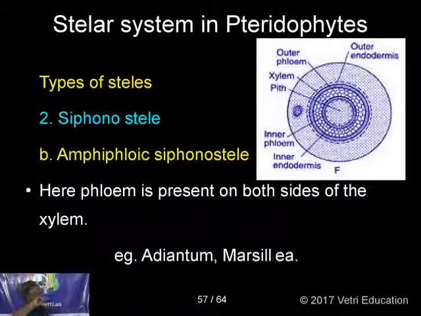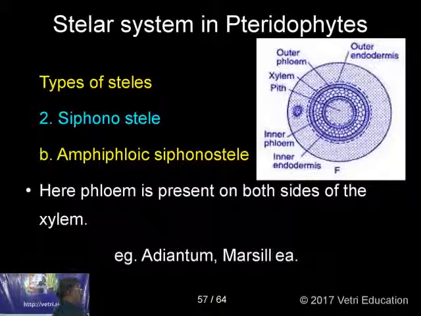The next one is amphiphloic siphonostele. Amphi means both sides. Here the phloem is present on both sides of the xylem. You look here, in the center there is a central pith. This is surrounded by phloem, and again xylem, again phloem. So phloem is found on both sides of the xylem.